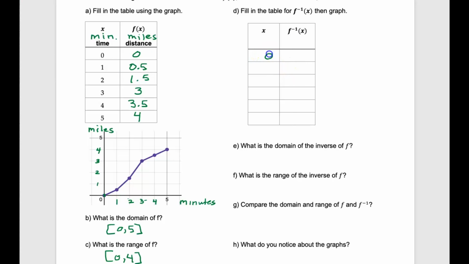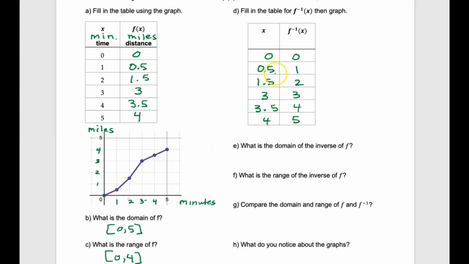So when I do that, we'll still have 0, 0, but now my input will be 0.5 and my output will be 1. And we'll keep writing those down. So then I've got 1.5 and 2. Do you see how I'm just switching those x and y values? 3 and 3, 3.5, and then 4, and then 4 and 5.